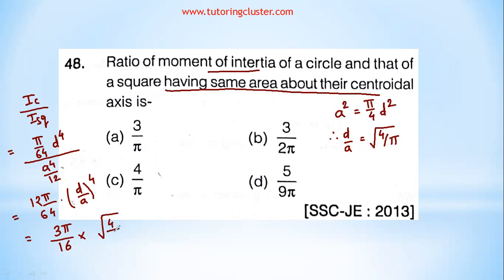Square root of 4 upon pi, to the power 4. If I calculate this, you will get 3 upon pi. Is it right? Yes. So the correct answer will be A.